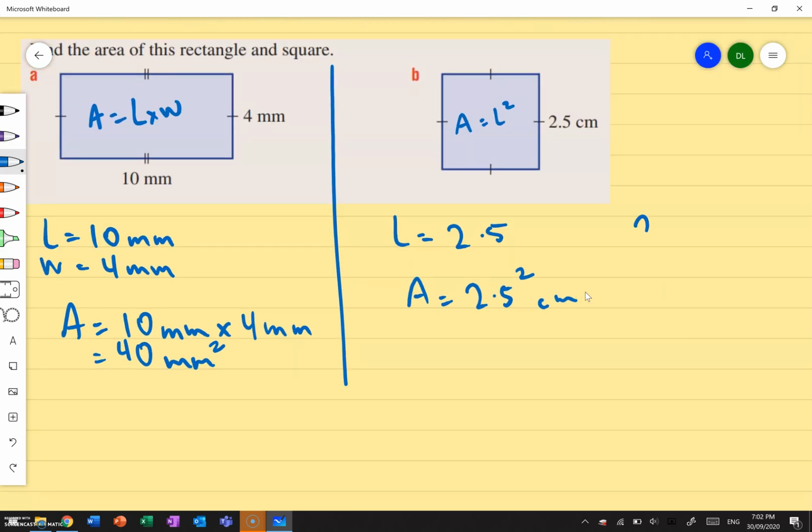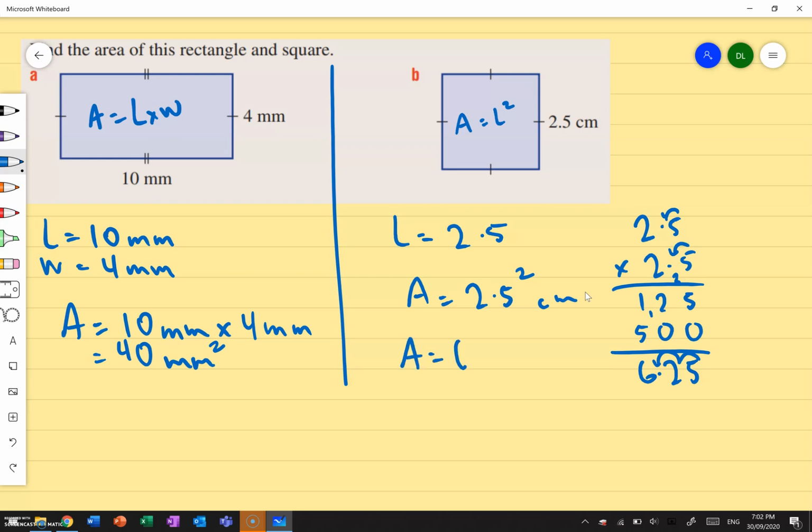We can actually solve that. 5 times 5 is 25, 5 times 2 is 10, bring down the 2, so I got 125 there. Next line, 2 times 5 is 10, 2 times 2 is 4, plus the 1 gives me 5, and I've got 6, 5. I've got 1, 2 decimal places, so my answer is area equals 6.25 centimeters squared.